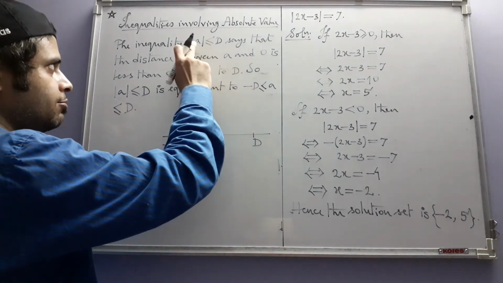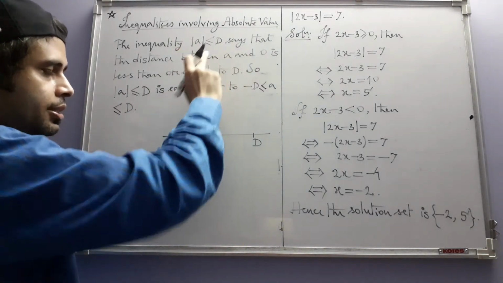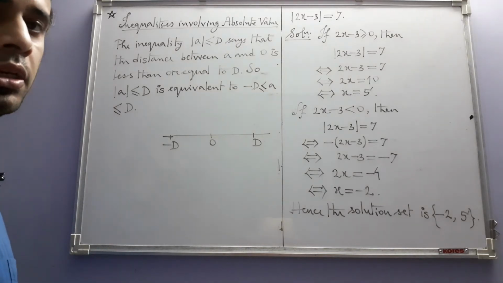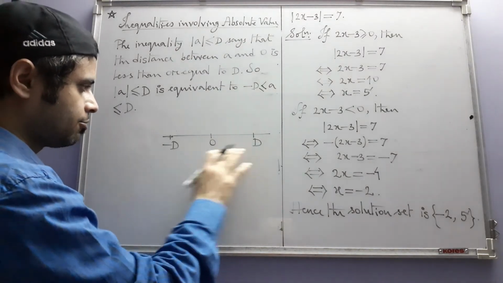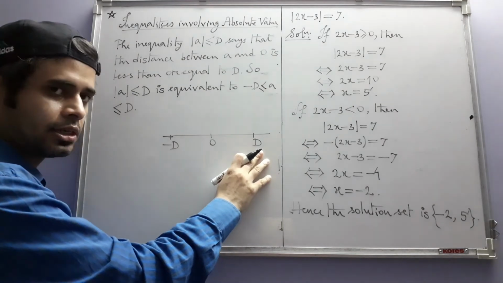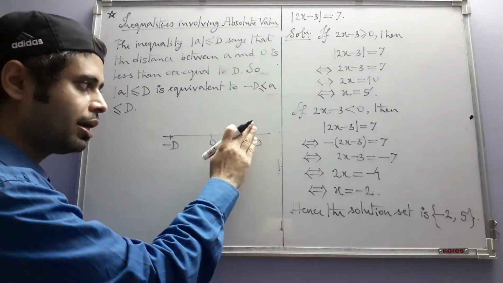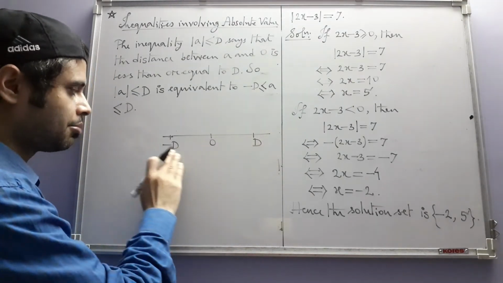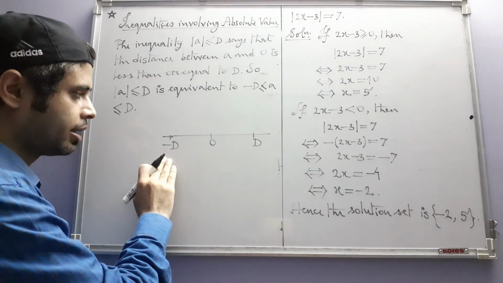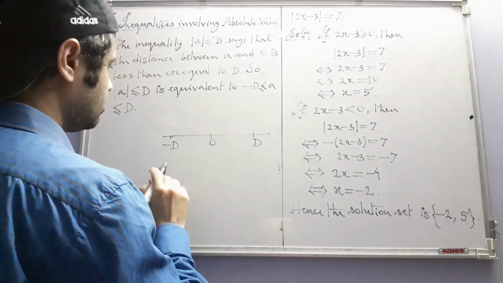We can have absolute value of A less than or equal to 0. In that case, it will be equal to 0. But for the sake of generality, we have considered D to be positive. So D will lie to the right of 0 and minus D will be negative, it will lie to the left of 0.